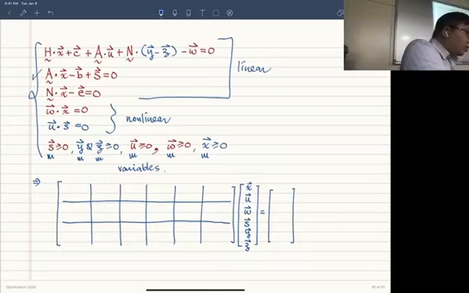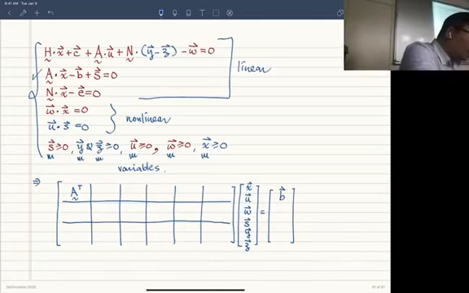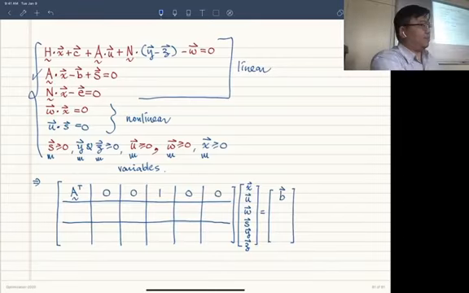Let's write down the second one first. So the second one, basically, you have A transpose here. Because A times B, right? A dot product B minus B. B is a vector of constant. So that basically is your constant on the right-hand side of your matrix, and you have plus S. So S is the fourth one, so here you should have 1 right here, and the rest are just 0.